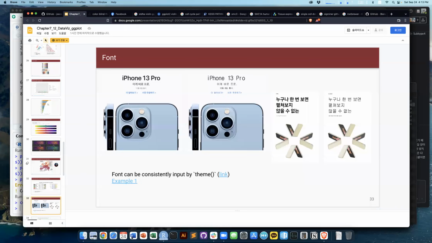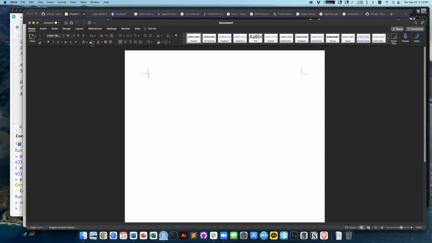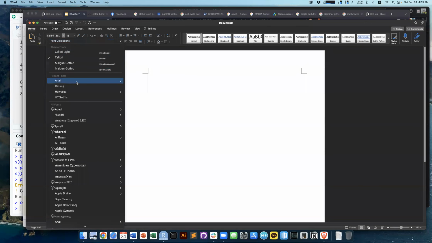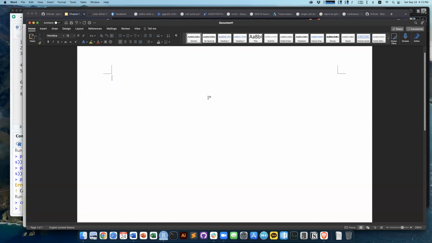If you choose the Mac, then the default font is Helvetica, right? So this is Helvetica. Such a great font, right?